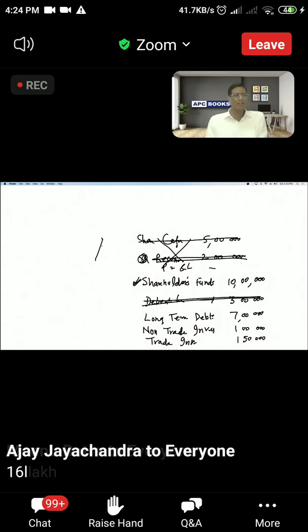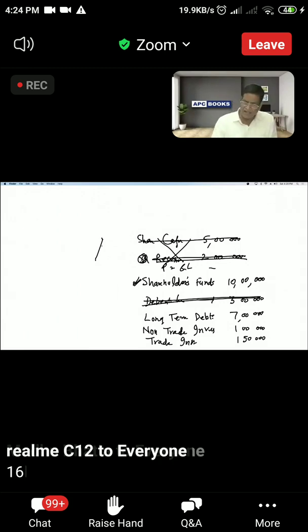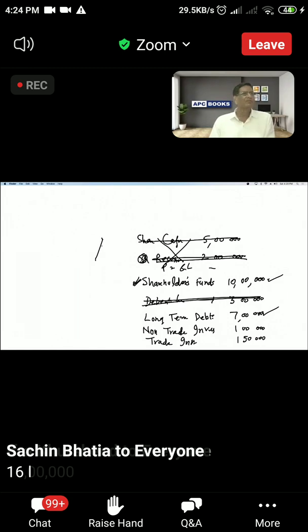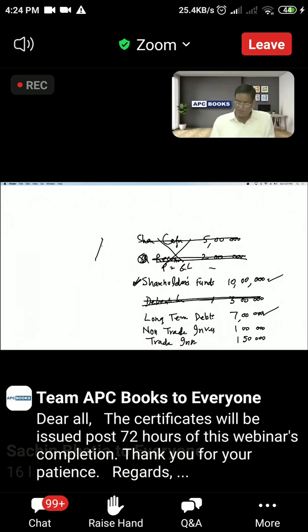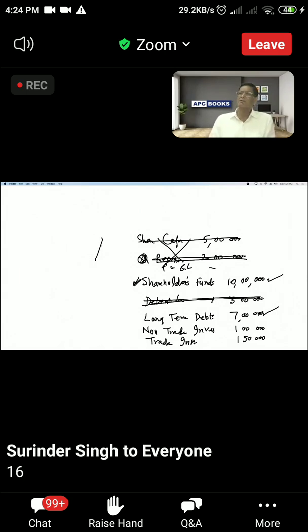What is the capital employed? Simple. 10 lakh plus 7 lakh minus 1 lakh. Non-trade investment will be deducted.